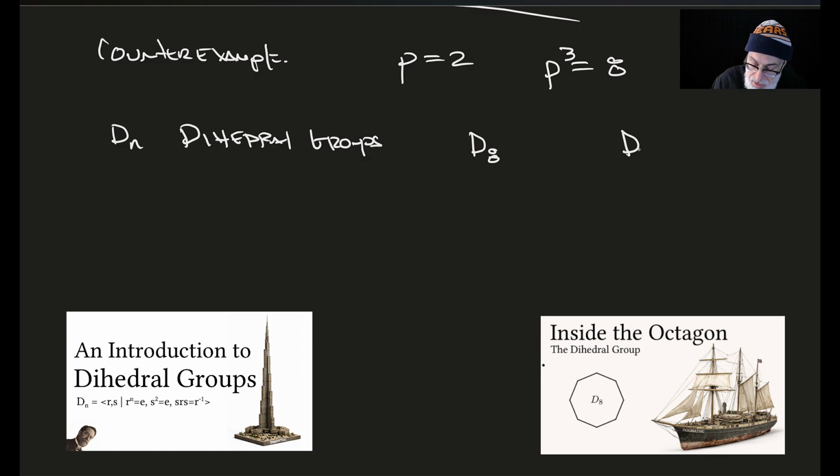Some books you'll see do 2n. So here n would be 4. But we're going to look at the dihedral group, D8. If you don't know what a dihedral group is, again, watch this video. I will put the link in the description and a card above.